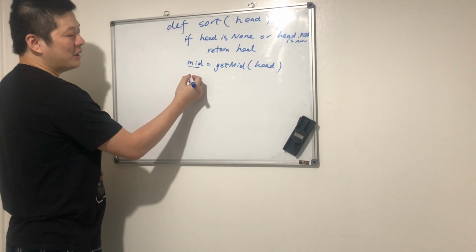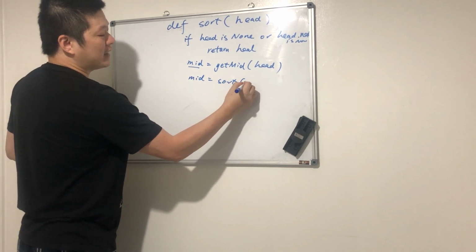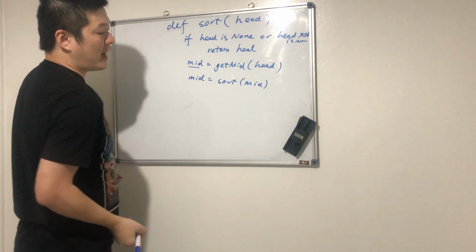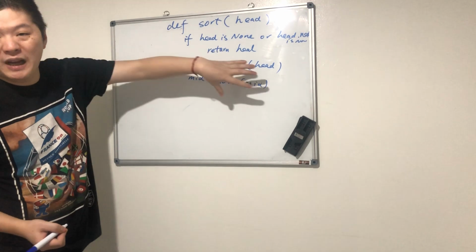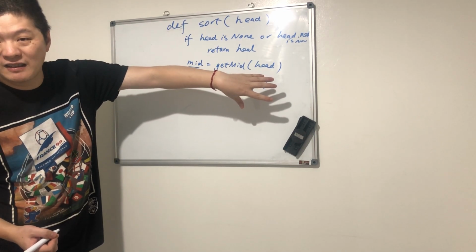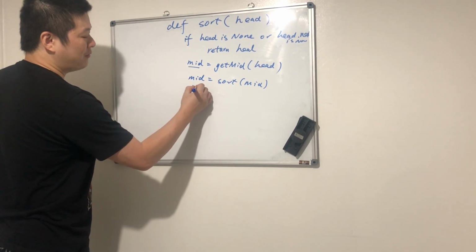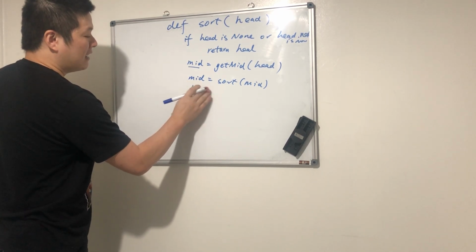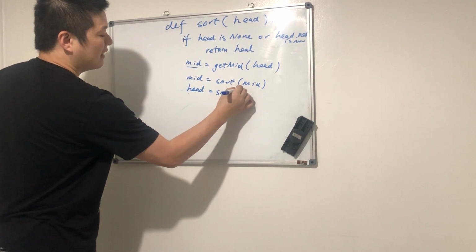Now mid equals sort mid. So we're calling this recursively, sorting the mid, the other half of the linked list. And then we also call it on the first half: head equals sort head. Okay?